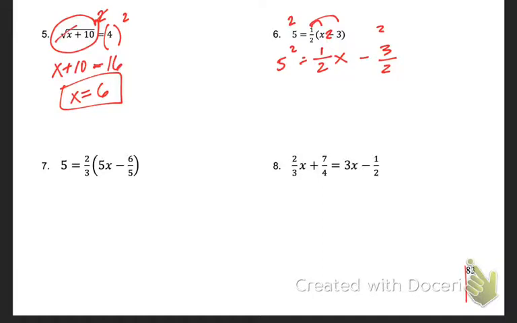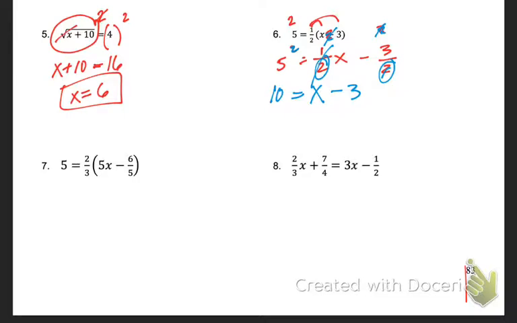Should have probably written this in a different color. So I'm multiplying the 5 by 2, the 1/2 x by 2, and the 3 by 2 because I want to get rid of this fraction. And I get 10 equals, the 2 and the 1/2 cancel, so I have just an x. The 2 and the 2 cancel, and I just have x minus 3.